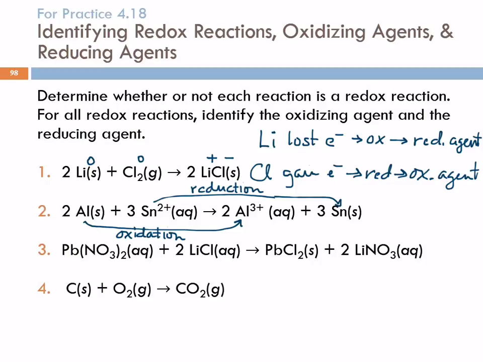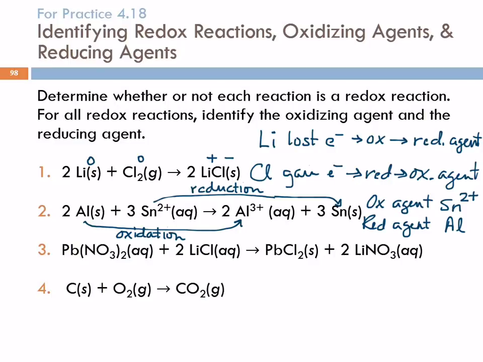So that's the reduction. They're asking us for the oxidizing agent and the reducing agent. Which is the oxidizing agent? The tin, 2+. And the reducing agent? Aluminum. Now, like on a Mastering Chemistry question, if you put tin with no charge, that would be wrong.